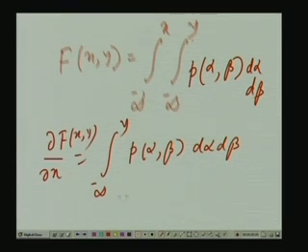Now, if I put y equal to infinity, then in this integral this will become infinity, of course.